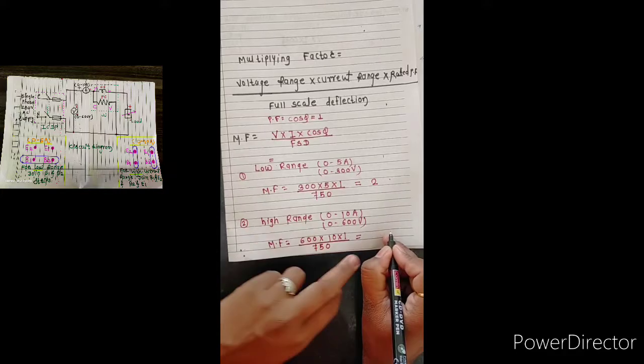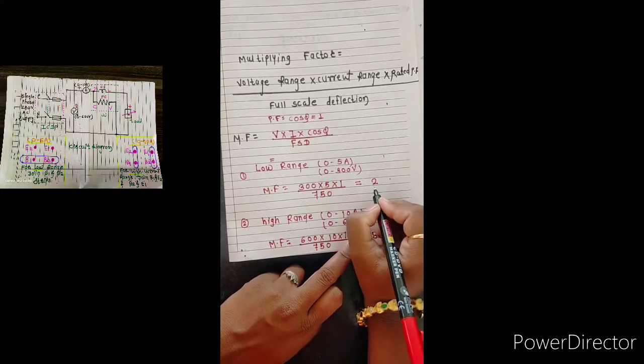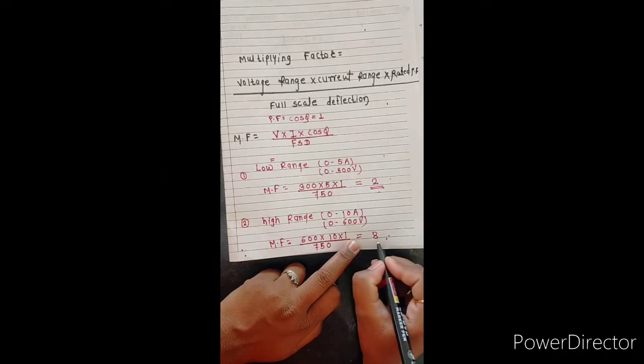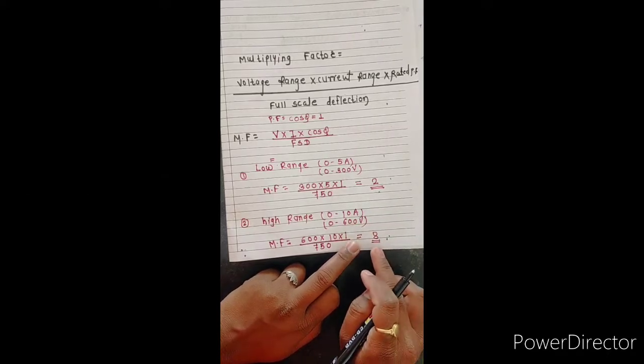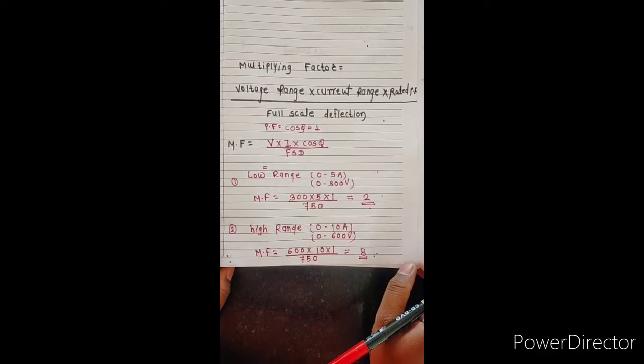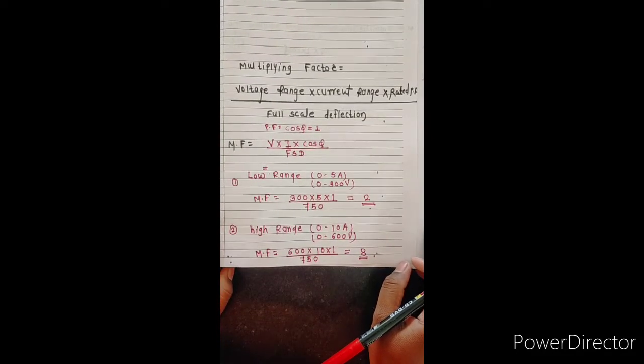So, here it will be 8. So, for the low range, the multiplying factor is 2, and for the high range, the multiplying factor is 8. We have to use this multiplying factor to calculate the actual power consumed by the load.